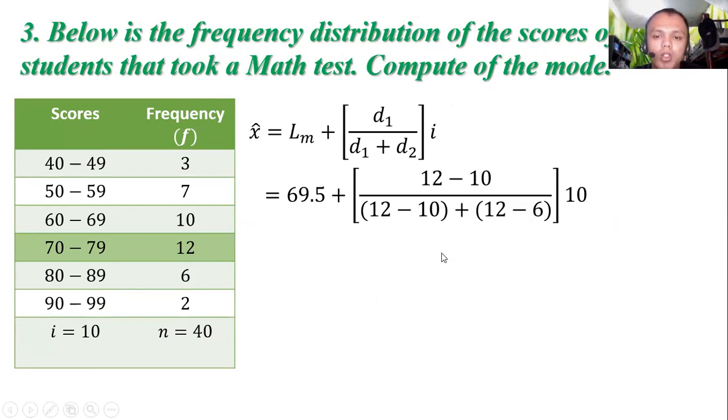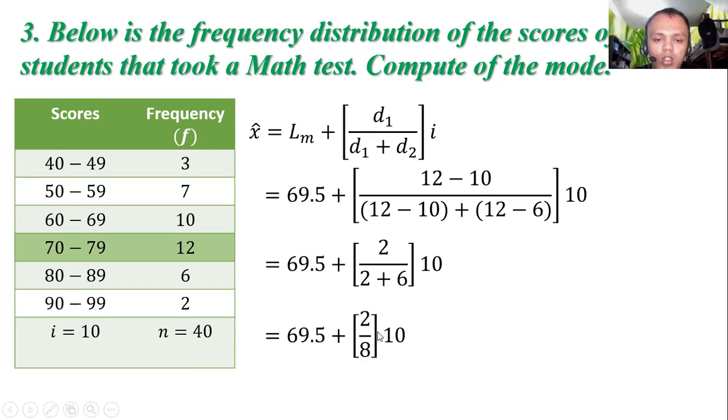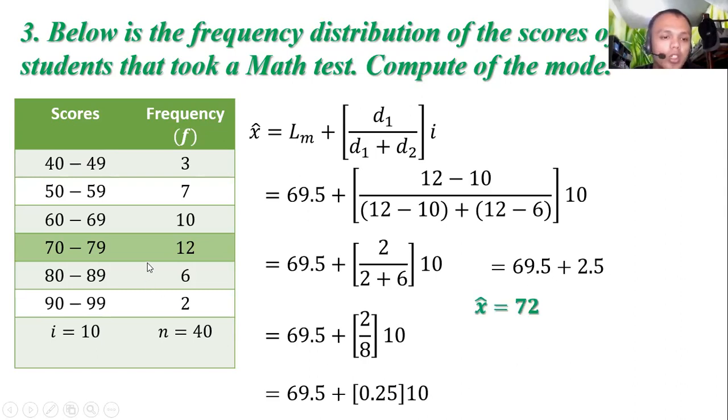Now, 12 minus 10 is 2, 12 minus 6 is 6. 2 plus 6 here is 8, then 2 divided by 8 is 0.25, times 10 is 2.5, plus 69.5 is 72. So the mode here is 72.